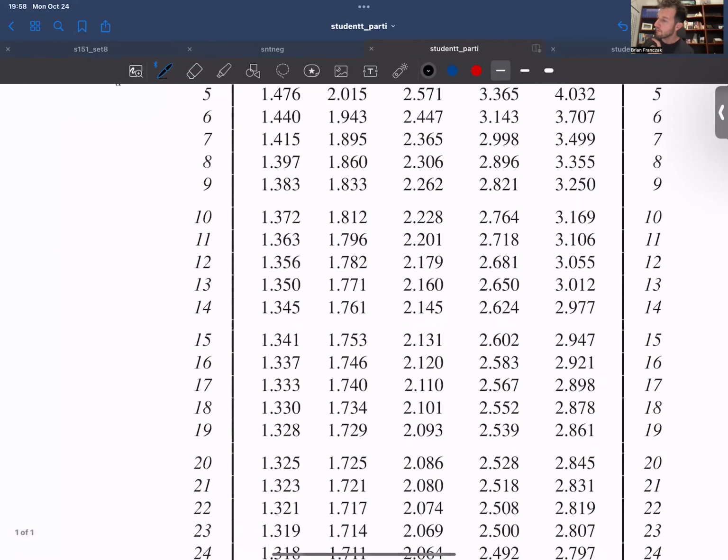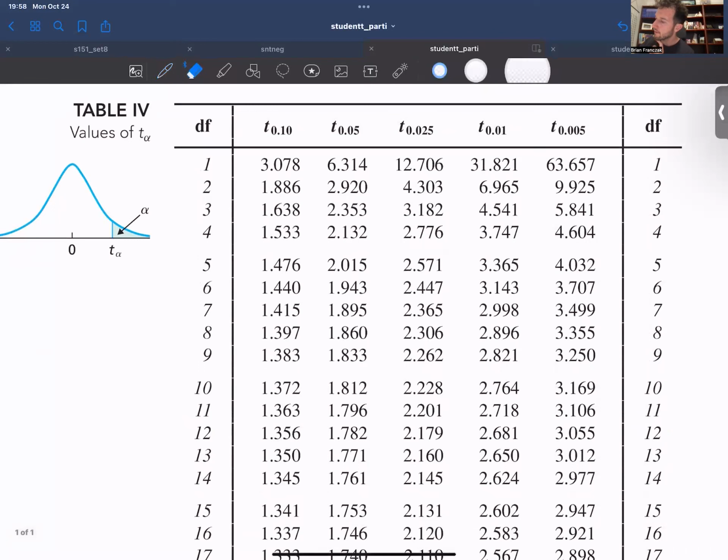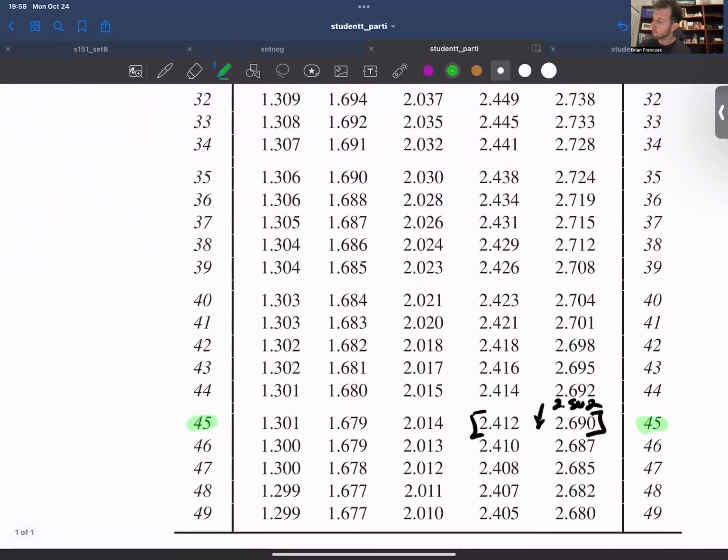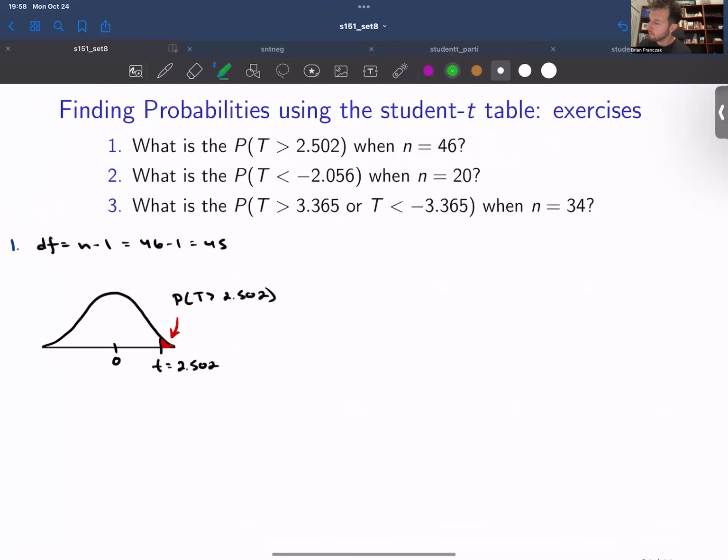So we go up to the top of the table and we take the two areas that correspond to those values. So 0.01 and 0.005. So the t-table is telling us that the probability t is bigger than 2.412 is equal to 0.01.